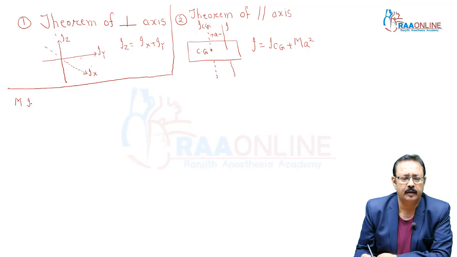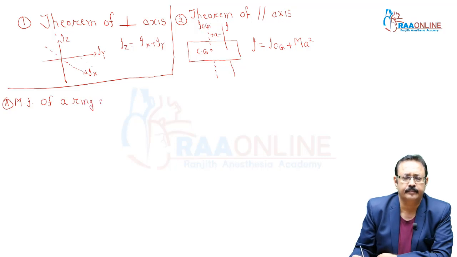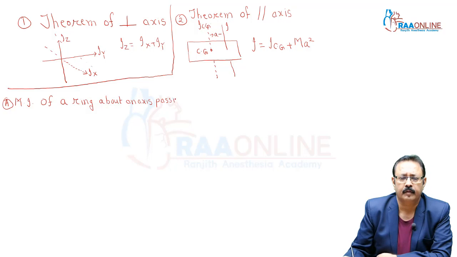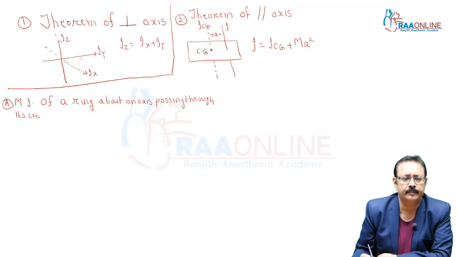First, the moment of inertia of a ring about an axis passing through its center and perpendicular to the plane of the ring. It is m r square.